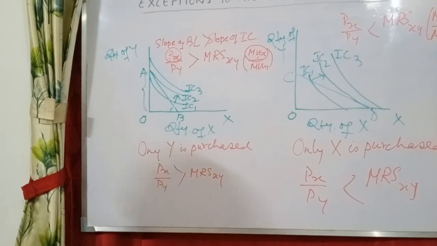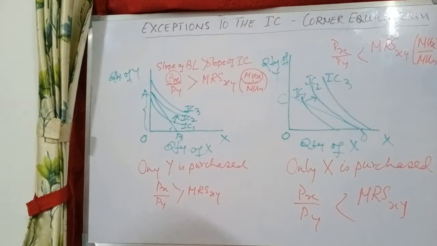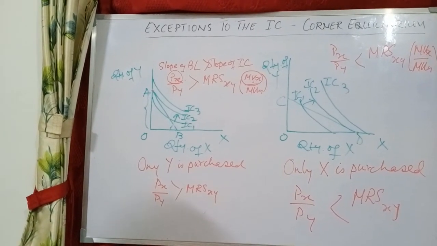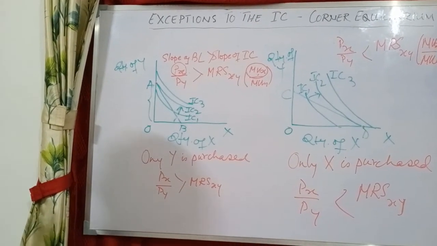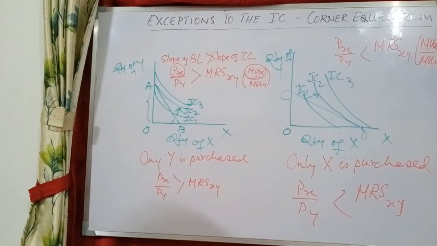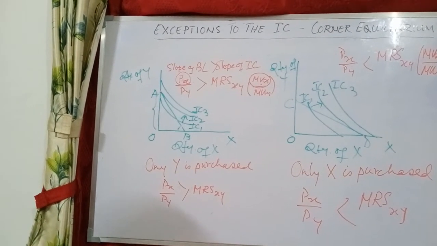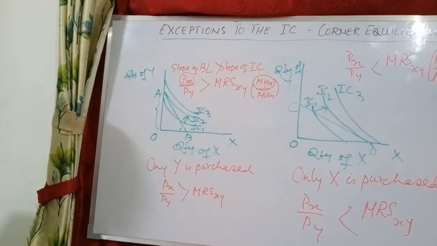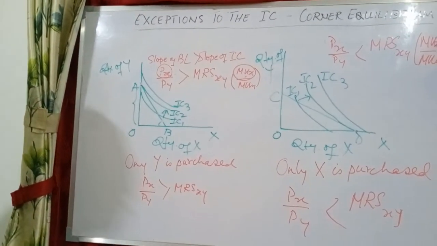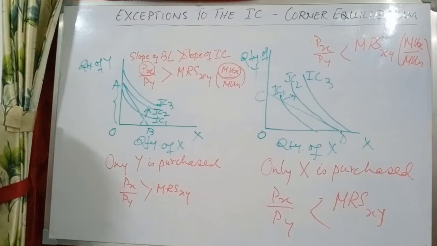Now, corner solution can also be derived with straight line indifference curves, right angled indifference curves, and concave indifference curves. In this video, we have only learned the corner equilibrium when the indifference curve is convex.